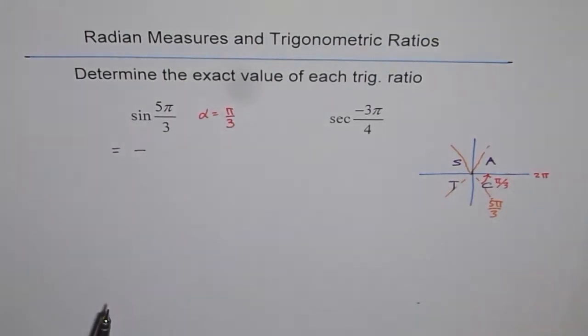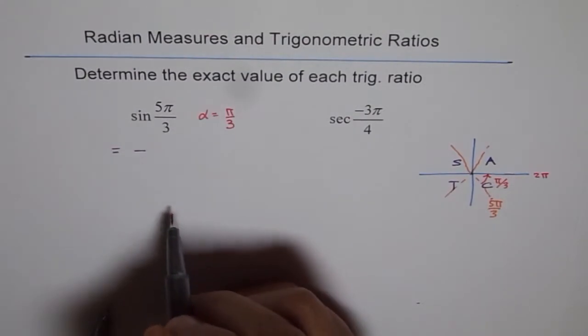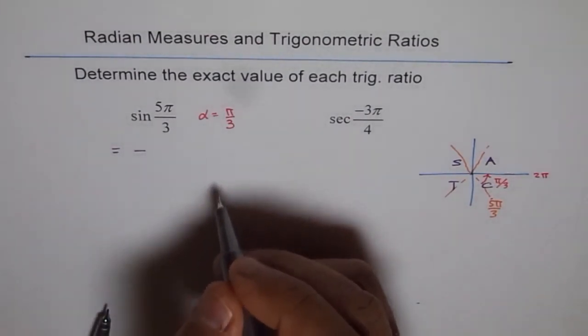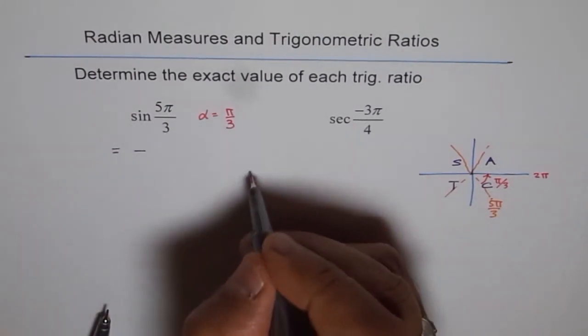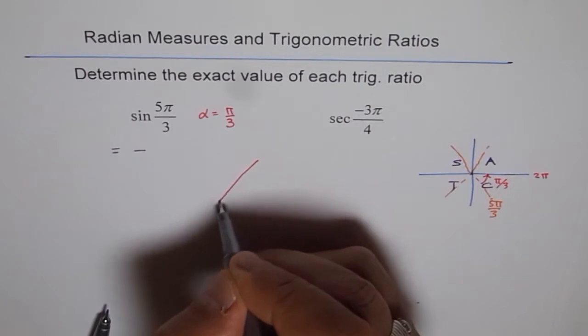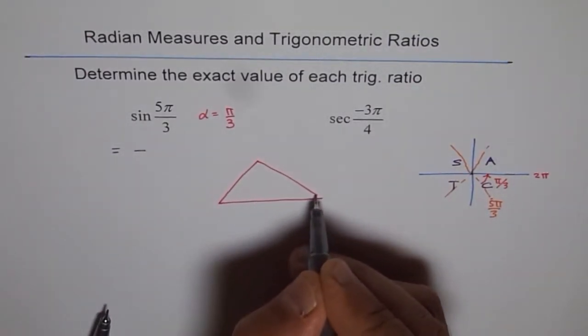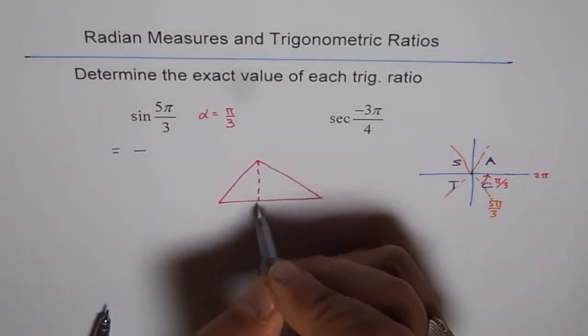Correct. So to find the value, what we will do is draw our standard special triangle. The special triangle is the one which has pi by 3 in it. For that, I prefer to draw my equilateral triangle. Let me show you that part. So in an equilateral triangle, I'll drop this perpendicular.